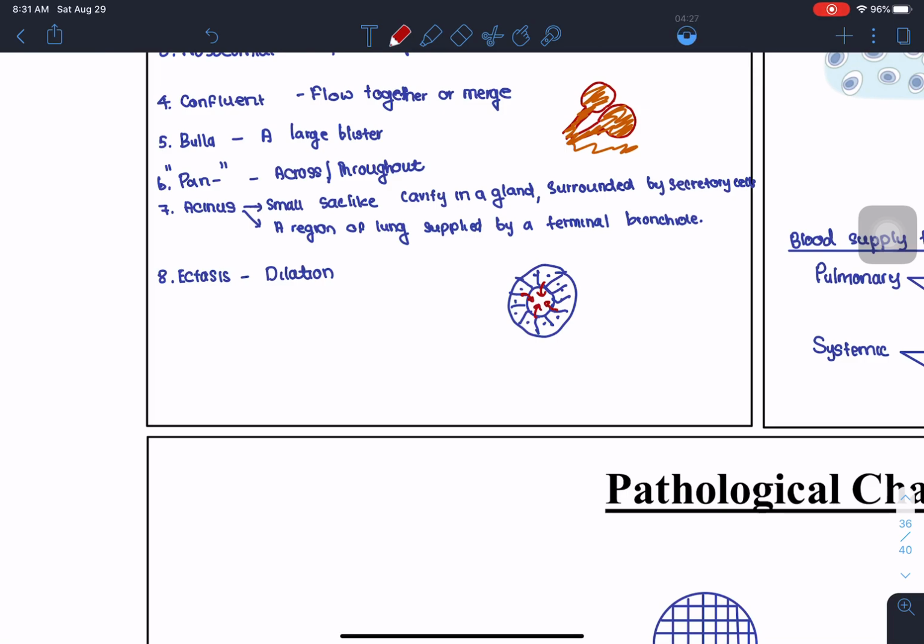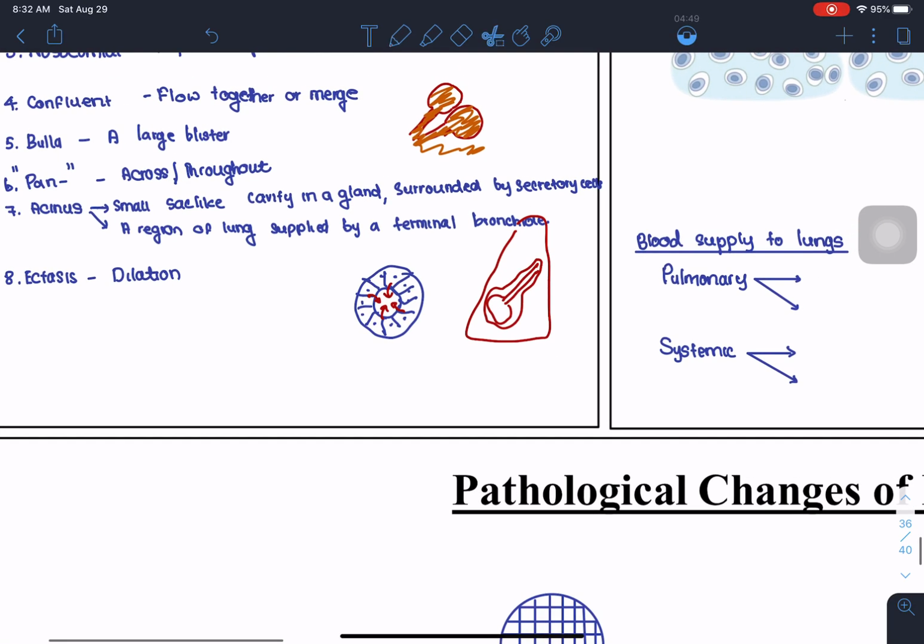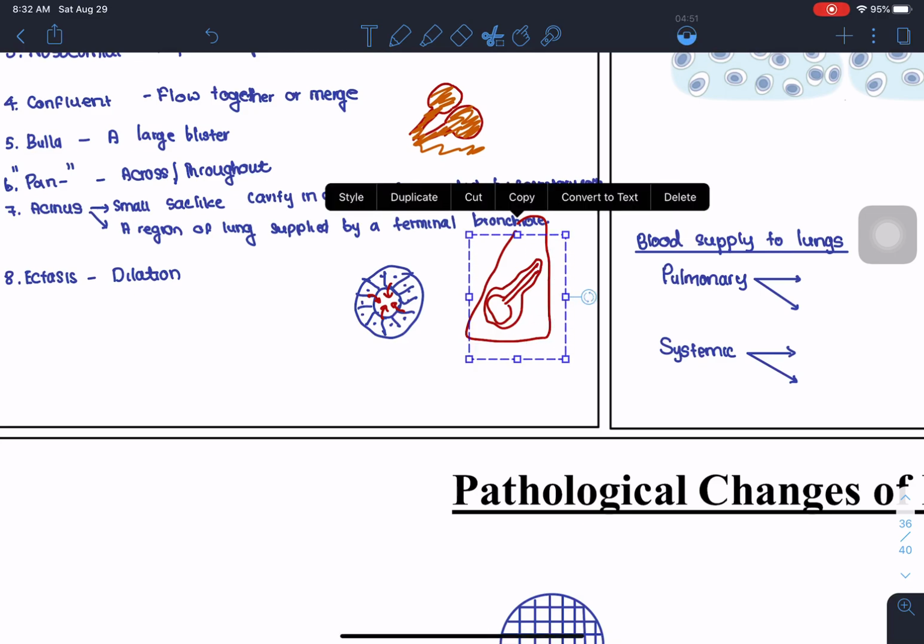The other type is the region of lung supplied by a terminal bronchiole. So we have the lung. Let's say this is the terminal bronchiole and the alveolus. And if this is the lung, okay, it won't be this big, it's microscopic, but then this region is called the acinus. Finally, ectasis. That means dilation.